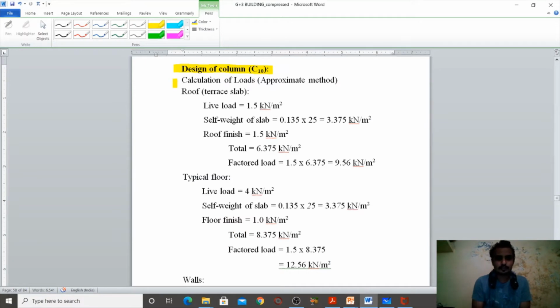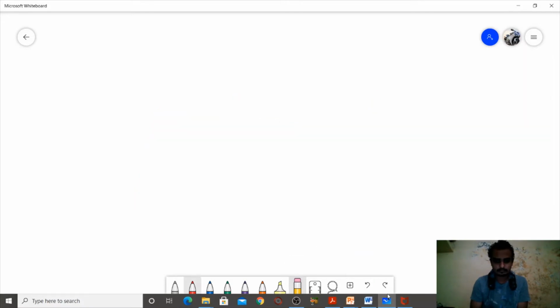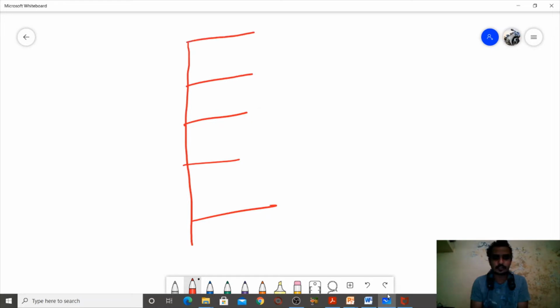First of all, we have to calculate the load on the column. For the load on the column, we have to calculate the roof terrace slab. You can see here, it's a column, and here is the ground floor, first floor, second floor, third floor, and roof.